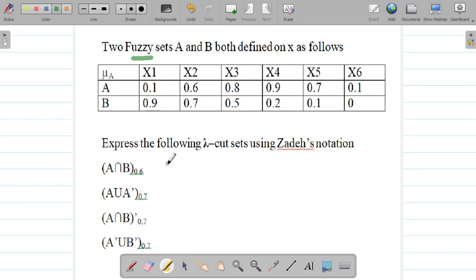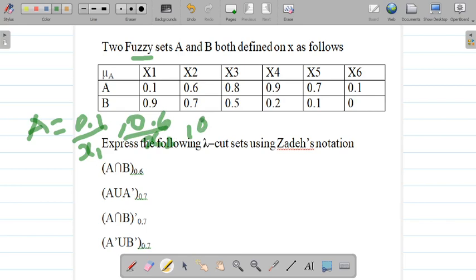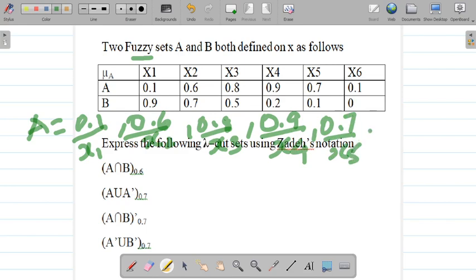For solving this question, we are going to write the fuzzy set A equal 0.1 by x1, 0.6 by x2, 0.8 by x3, 0.9 by x4, 0.7 by x5, 0.1 by x6.